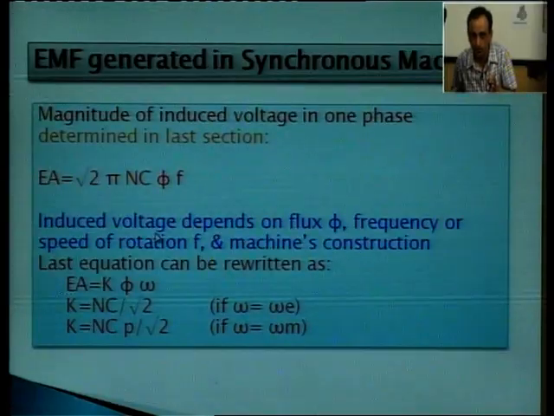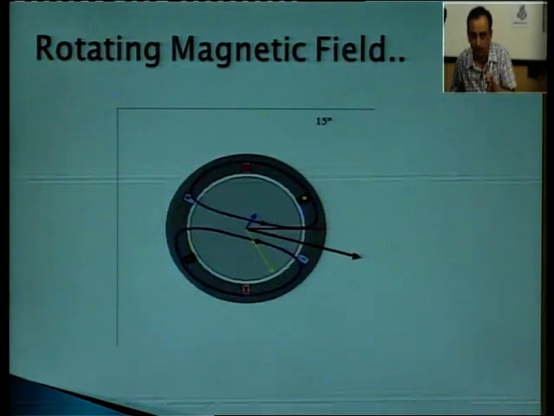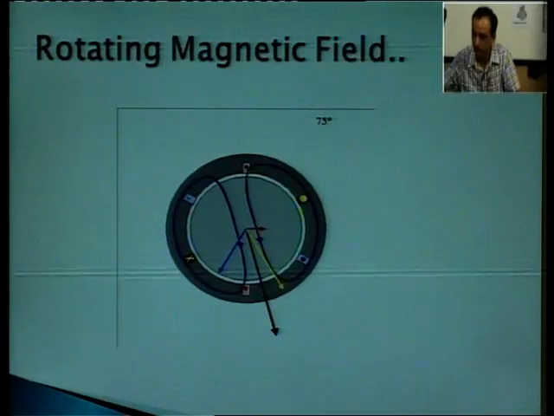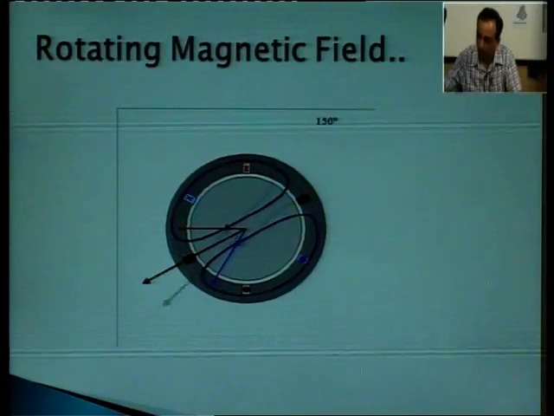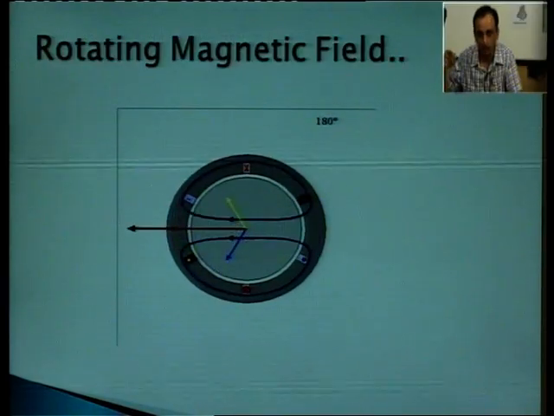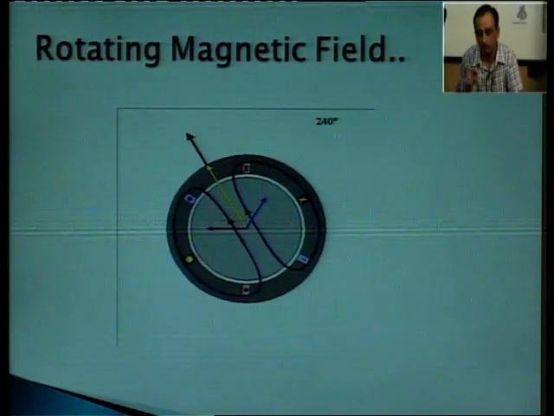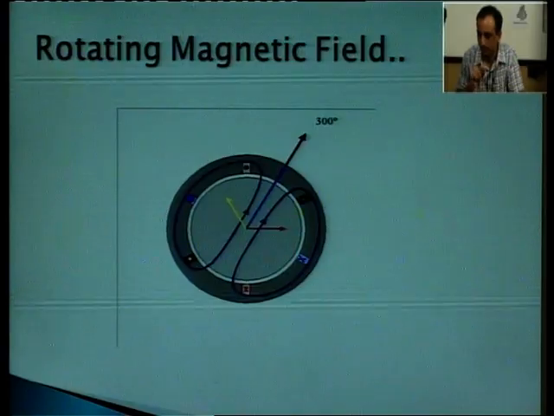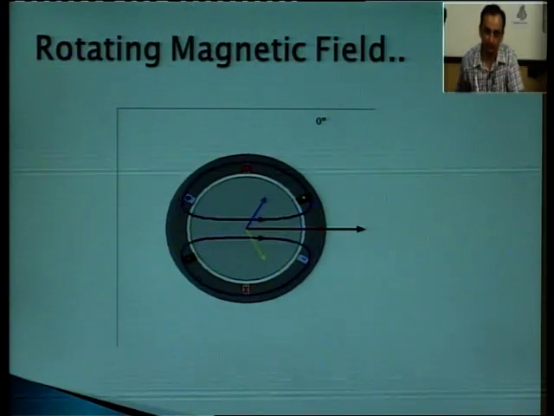The same change can be observed in these cases also, that the direction of the current is changing. If current is entering from A at a particular instant and leaving from A dash, the next instant it will be entering from A dash and leaving from A. This way the direction of the current is changing every instant, and as a result, the direction of the net magnetic field is changing. That is why we get this rotating magnetic field.